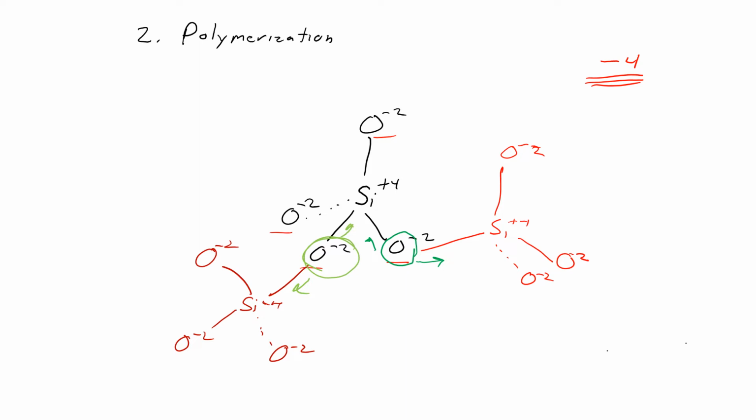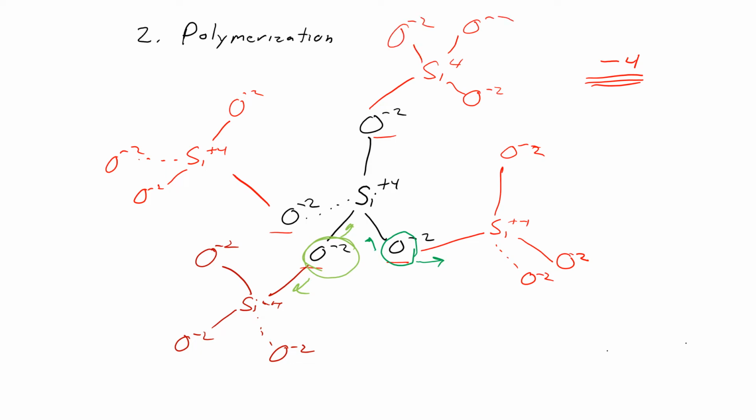We can do it again with this oxygen right here, Si +4. Let's do an oxygen there, oxygen there, oxygen there. And as you can imagine, we can do it with this top silicon as well. Oxygen there, and oxygen there.